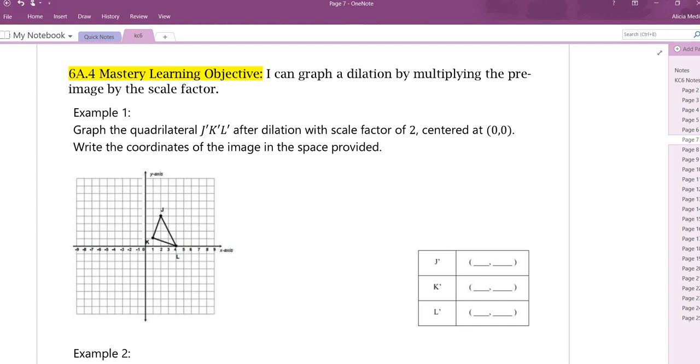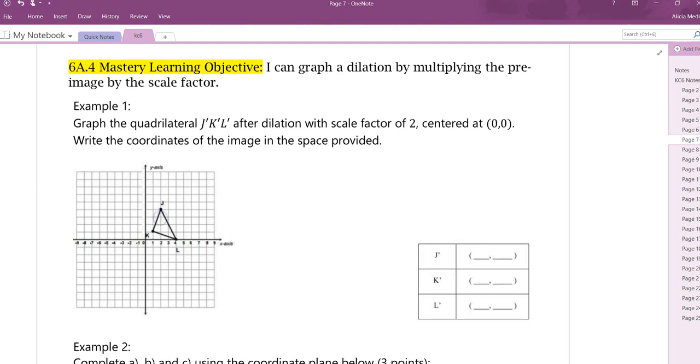Our first example says graph the quadrilateral J', K', L' after dilation with a scale factor of 2, centered at 0, 0. Write the coordinates of the image in the space provided. So we have this shape that is already on our graph, J, K, L, and we want to graph a new one.